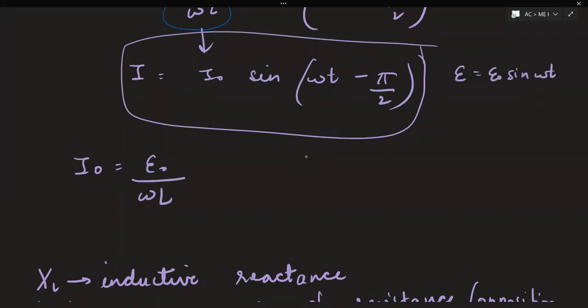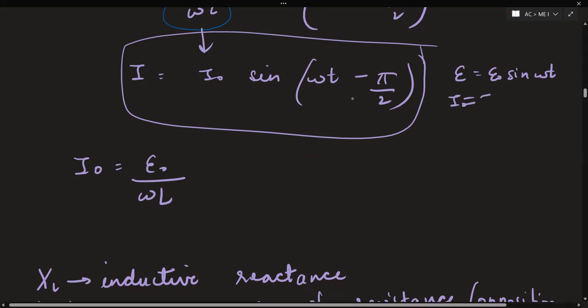Can anyone tell me by looking at these equations which quantity is leading the other, or what is the phase difference between them? What is the phase angle? Yes class, answer quickly in the chat box. In case of a resistor, I was equal to I naught sine omega t, both were the same.